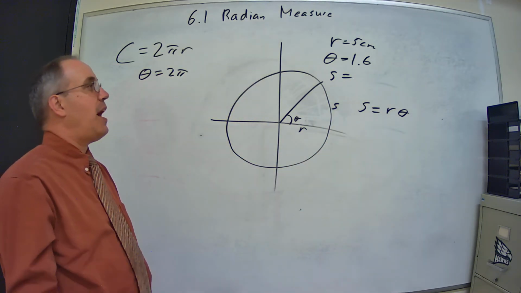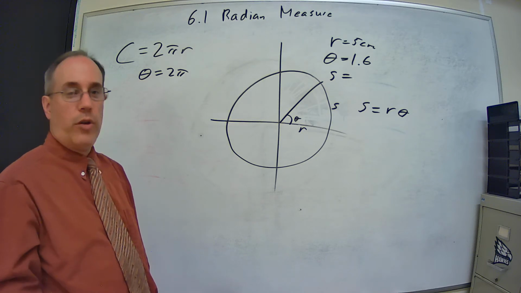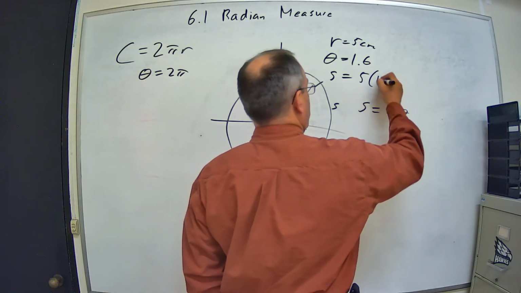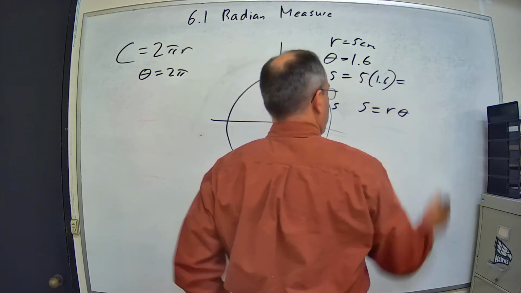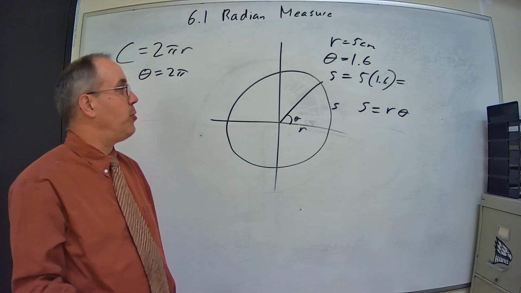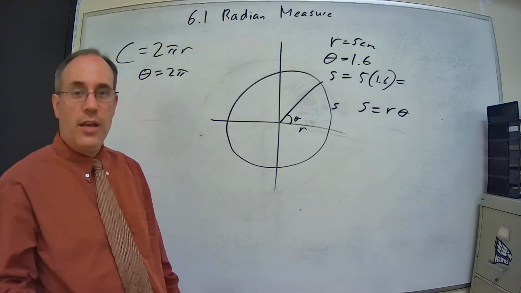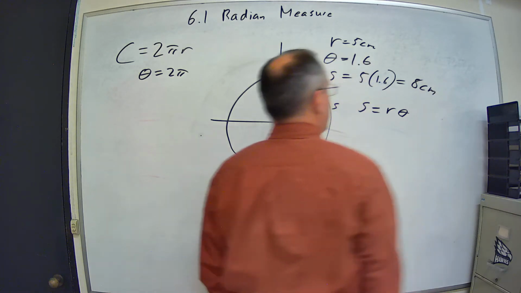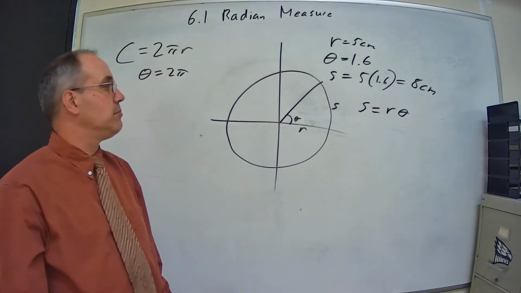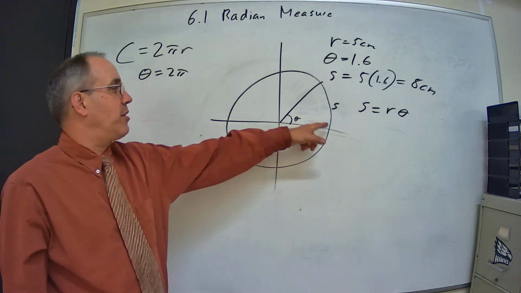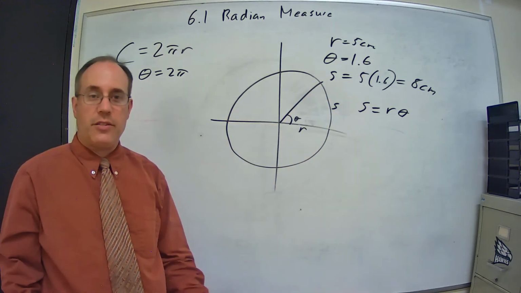Well, it's simply 5 times 1.6. 1 times 5 is 5. 0.6 times 5 is 3. So 8 centimeters. So we're able to find the length of this arc, S.